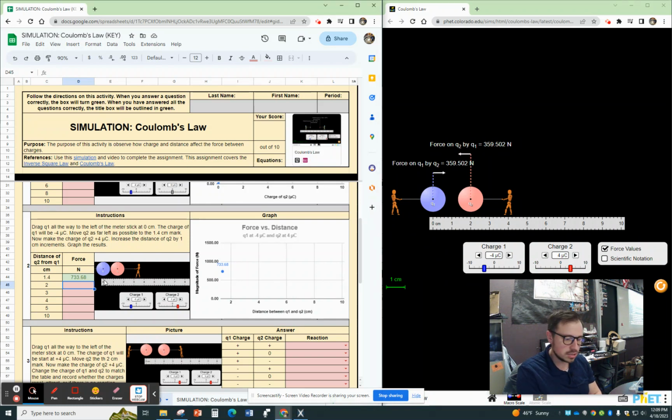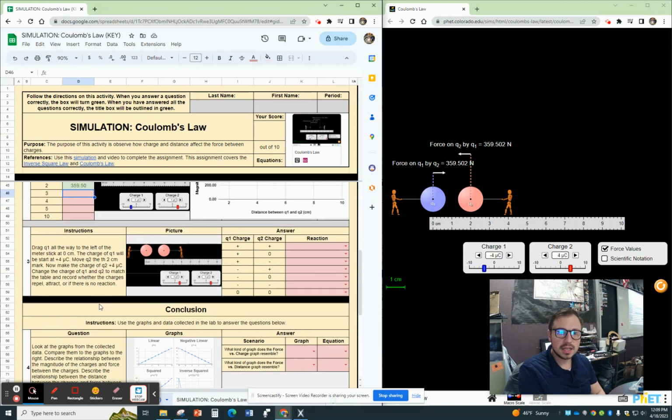When it's at 2 centimeters, it's 359.50. And you can see that a graph is going to start to form now. Now, one thing to note is that the scale for the distance is a little bit tricky. You can see here that it's 1.4, then 2, 3, 4, 5, and then it jumps all the way to 10, right? So instead of doing a bunch of steps, we just skip from 5 right to 10, but the graph will account for that.